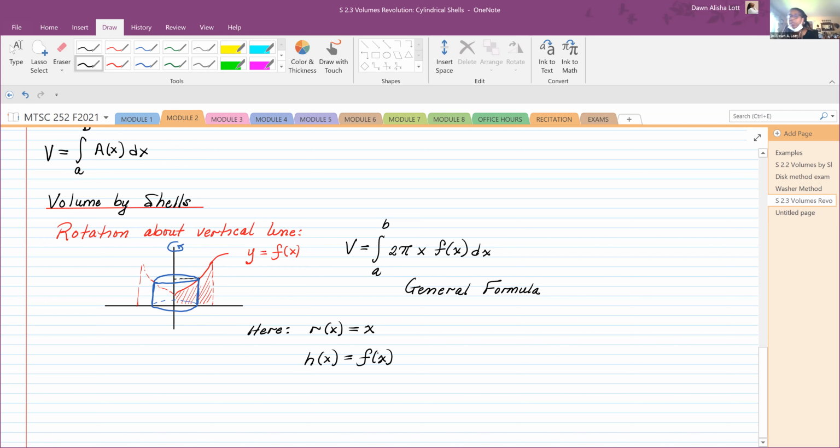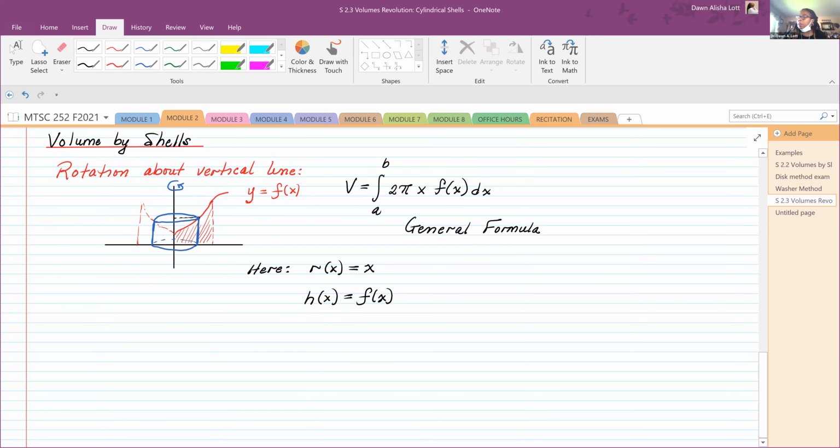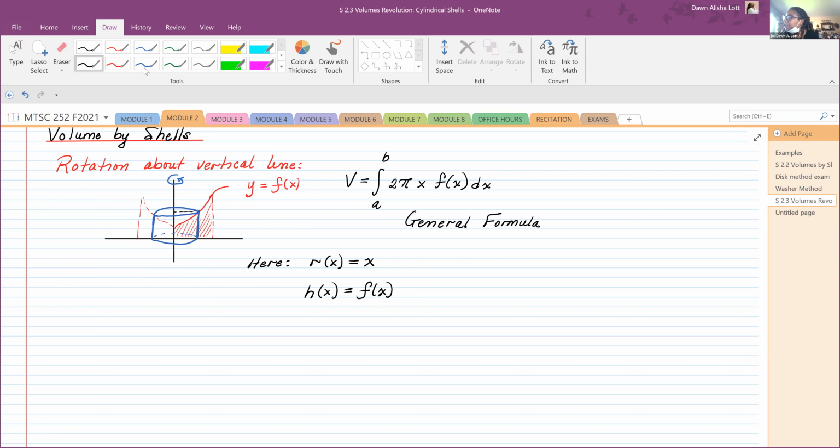But as you know, this is not always going to be the case. If I have the rotation about a horizontal line, then I would have something as such.